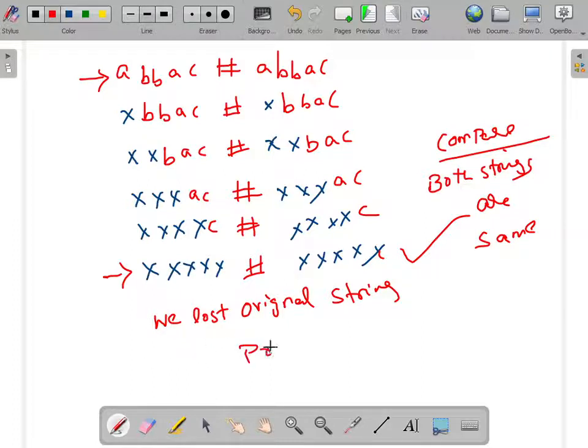So we need to solve this problem, and we can solve it with the help of a non-destructive structure. Without losing the original text, we can get it. How? That I will show you on the next page.